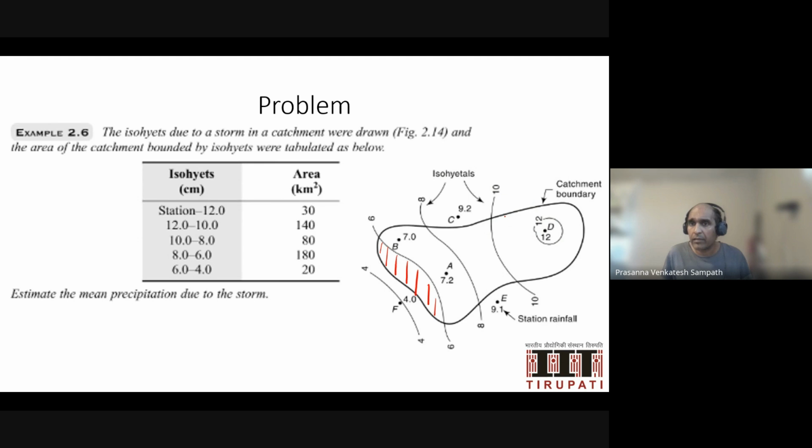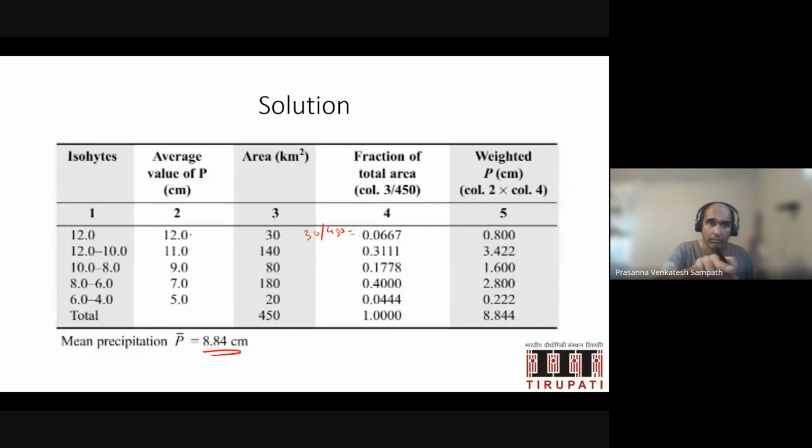So the area in between 12 and 10 is this entire area, without including that little circle in the middle. Okay, this area is 140 kilometers square, and then the average for that area is 12 plus 10 divided by 2, which is 11. That area, multiply it by 11, and that gives you this 3.42, whatever it is.